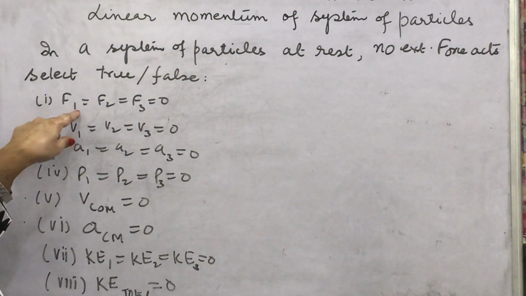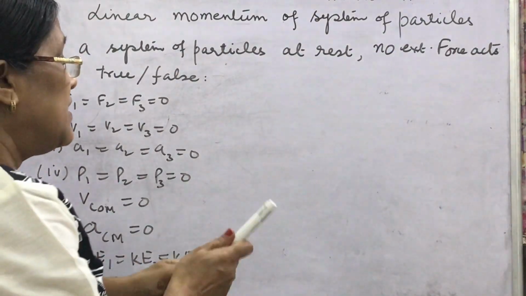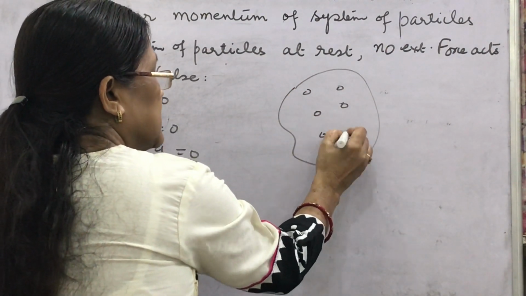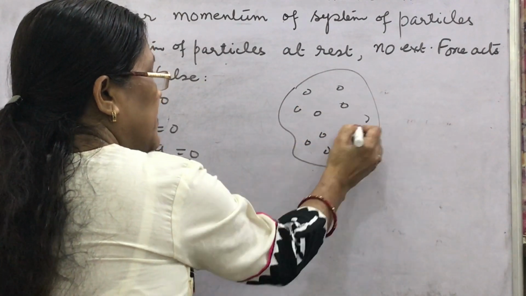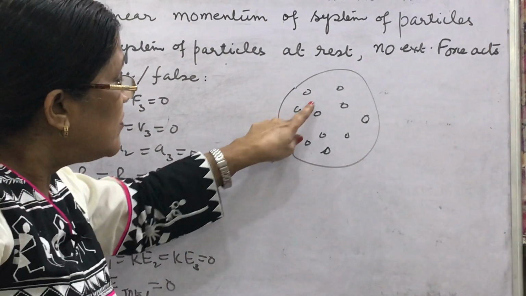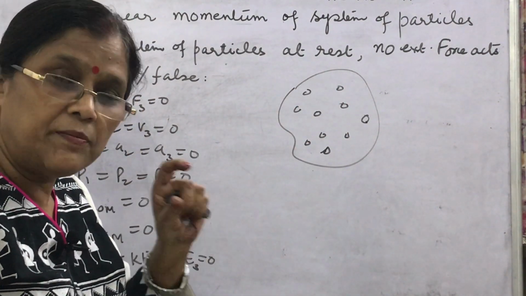First part: F1, F2, F3 is 0. What we have read is that in the system many particles are interacting with each other. If F external is 0, does it mean that the force on each and every particle is 0?